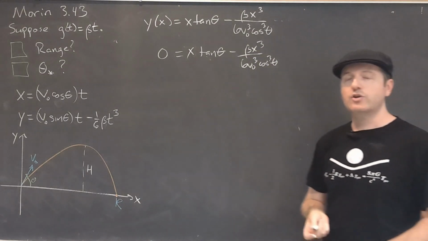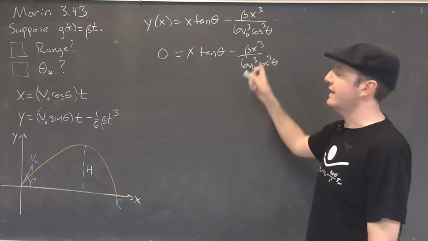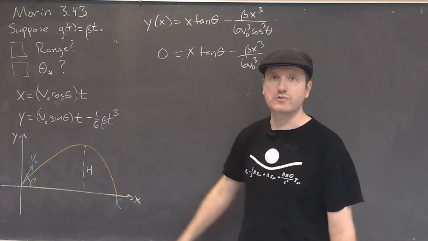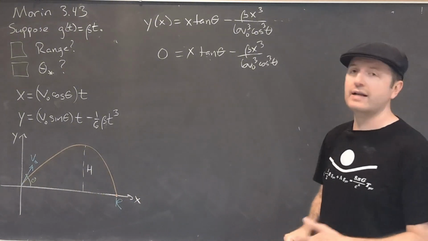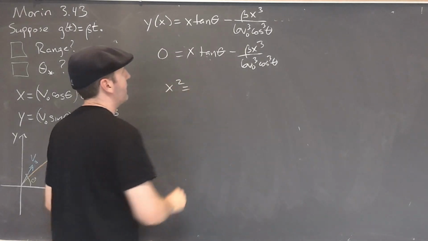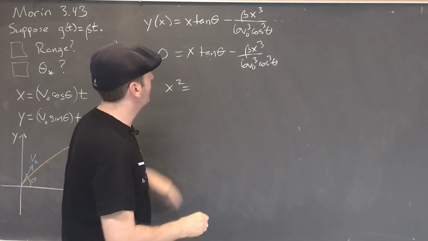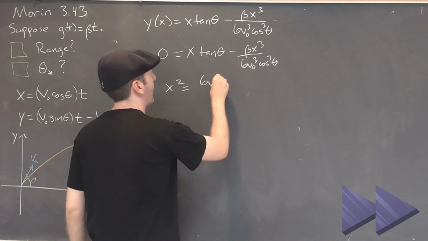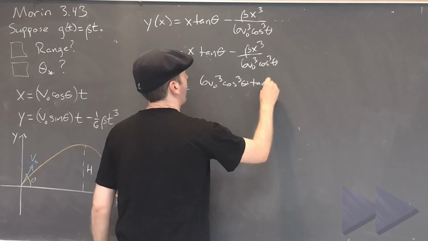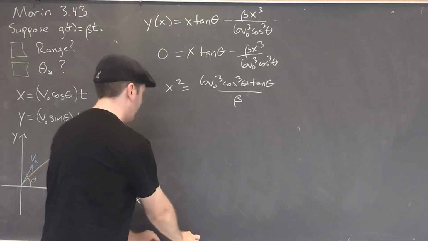Now, normally solving a cubic would be very difficult, but we got lucky in this case because we can factor out one x. I already know x equals 0 is a solution, so we don't care about that as much. And then I can find an equation for x squared. Notice that factoring out the x and then moving things over will give me this. We can simplify it a little bit.